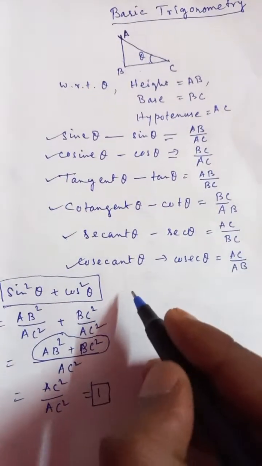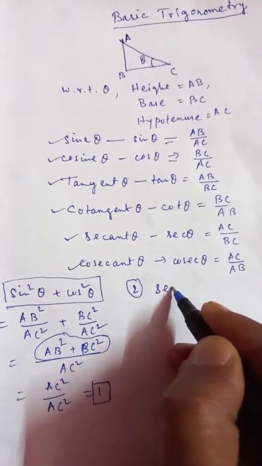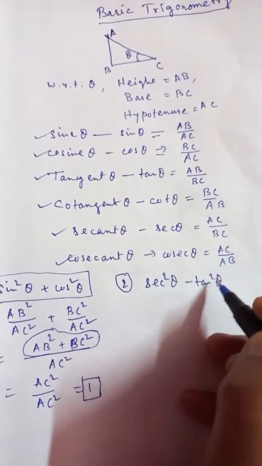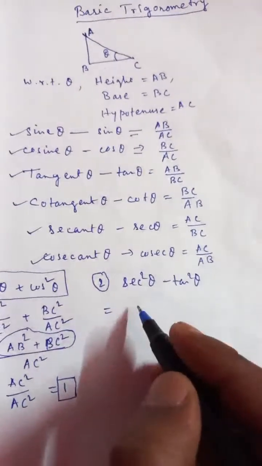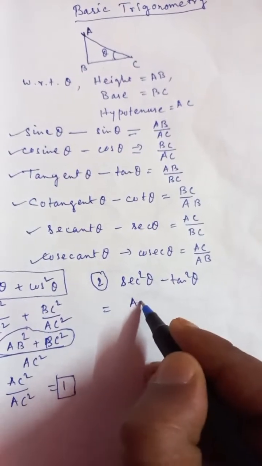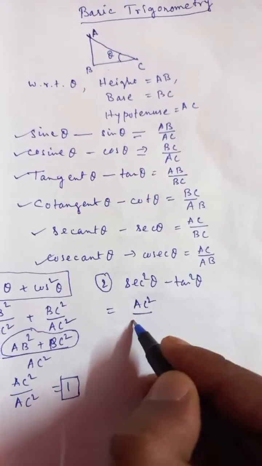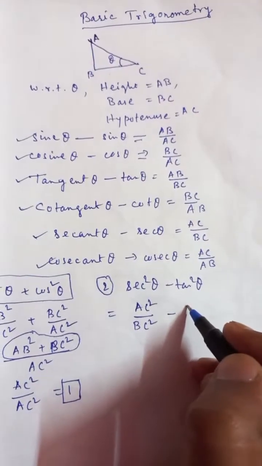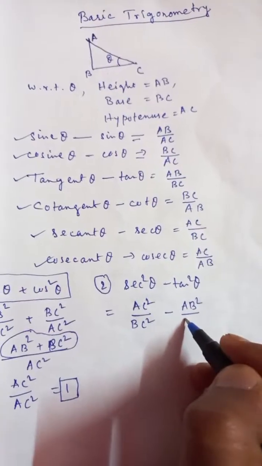Now what will be sec square theta minus tan square theta? Sec square theta is equal to AC square by BC square, minus tan square theta is AB square by BC square.